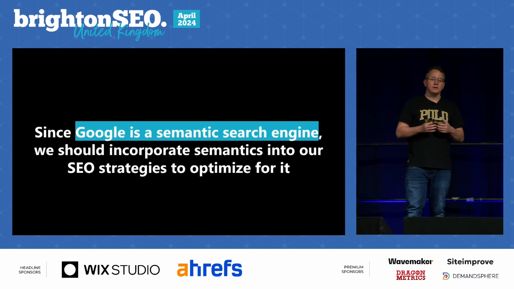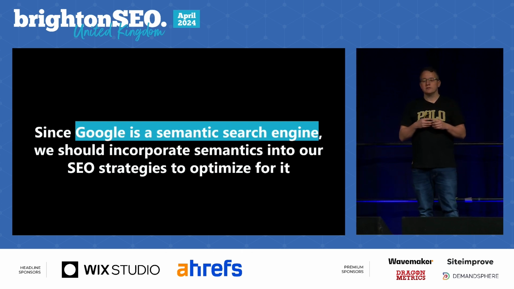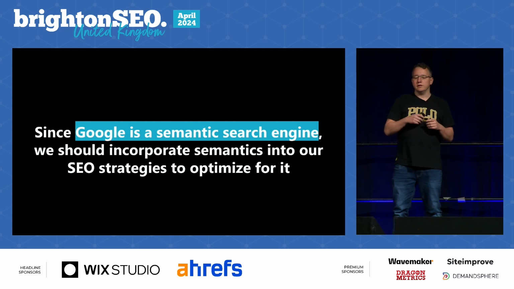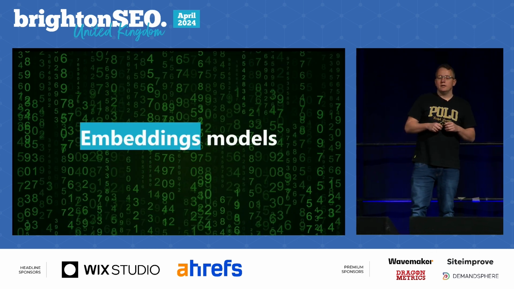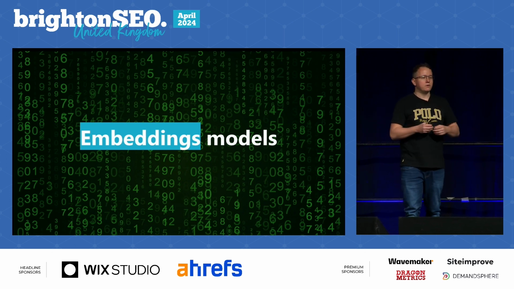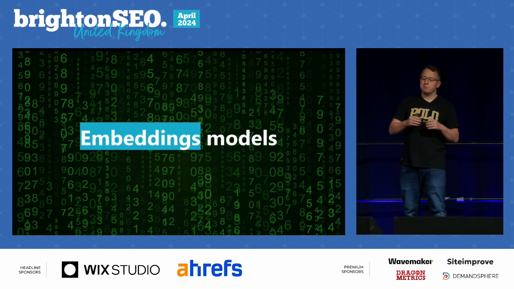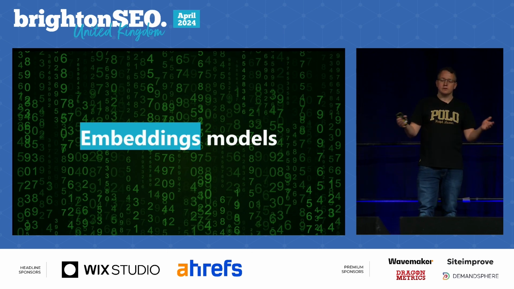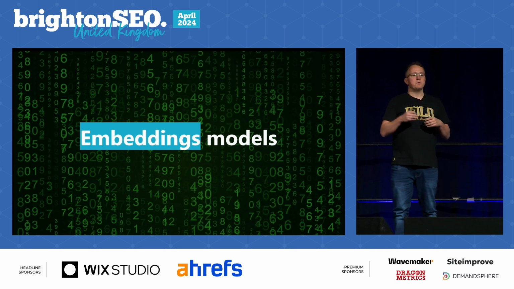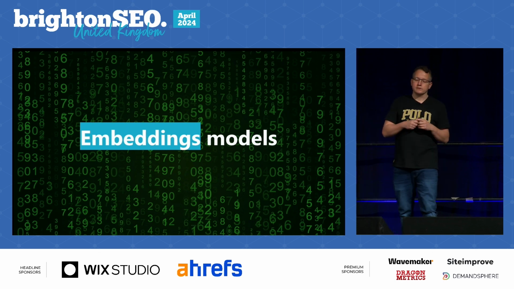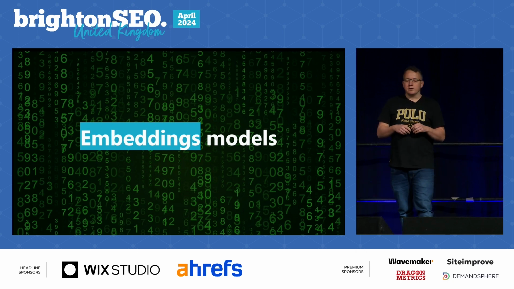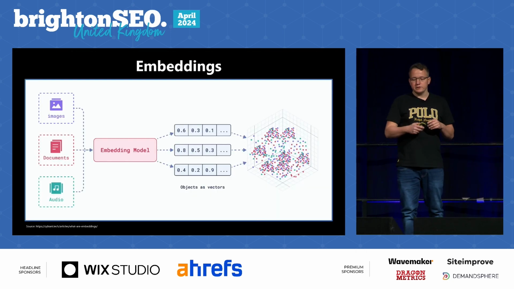That's why I think that in the era of semantic search engines, we have to use semantic methods to follow what Google needs. I think you are all familiar with generative AI models like GPT-4. It is a type of generative language model, but there are also other types of language models, for example embeddings models, that we can utilize in our SEO strategies.